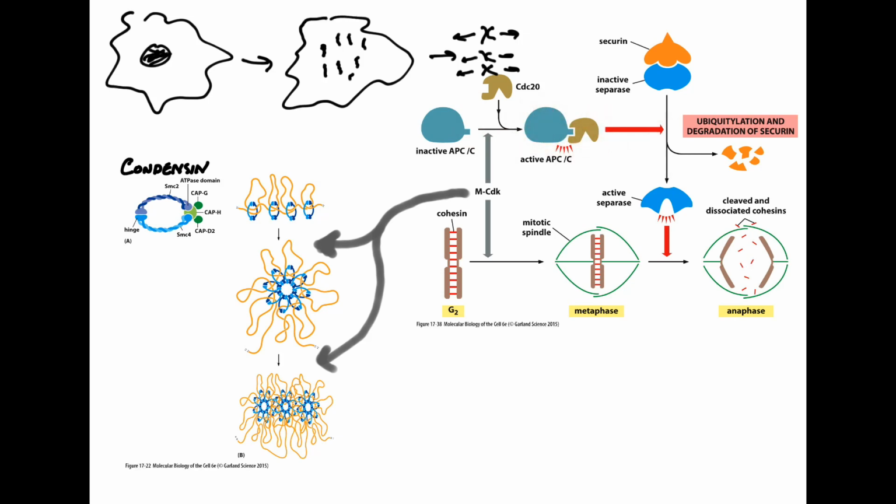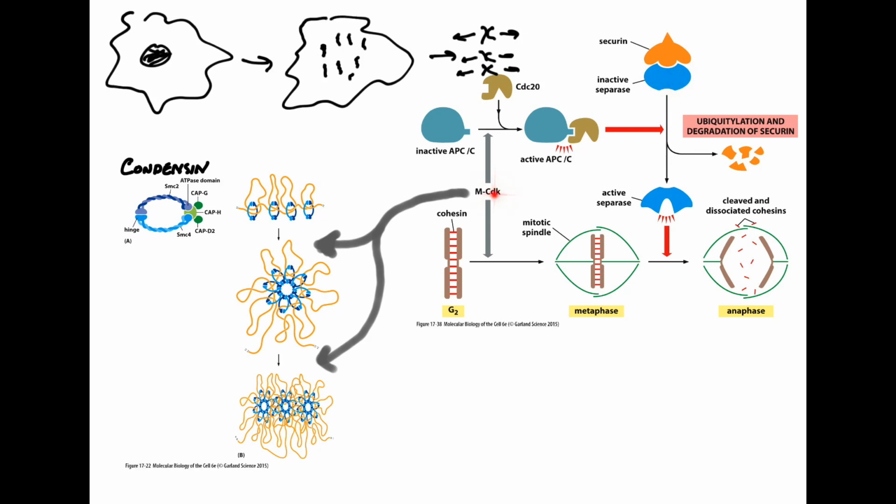So here is the active M-phase cyclin CDK that's going to activate through phosphorylation the E3 ligase that does many things, but among the things that it does is lead to the ubiquitination and therefore destruction by the UPS of a protein called cyclin. Cyclin is a protein that binds to, and when it's around, inactivates another enzyme called separase, and that should give you some indication of what's going to happen next.